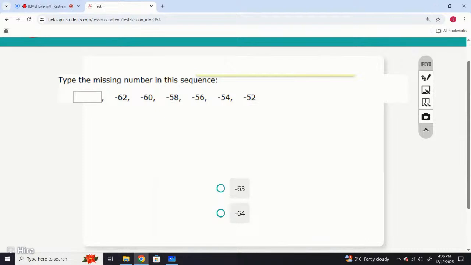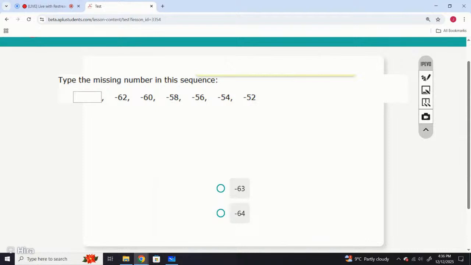Type the missing number in the sequence. That is negative 62, negative 60.